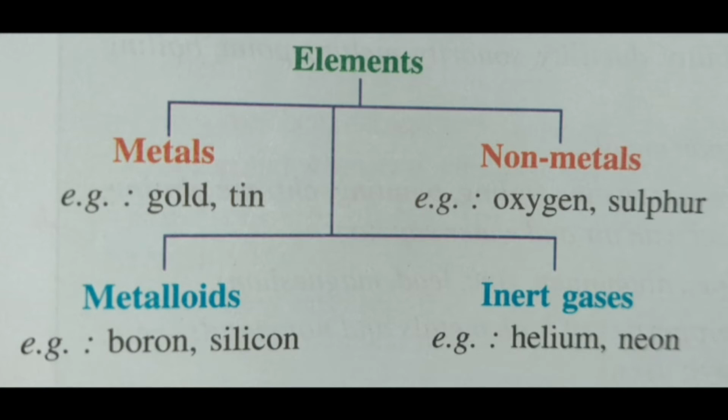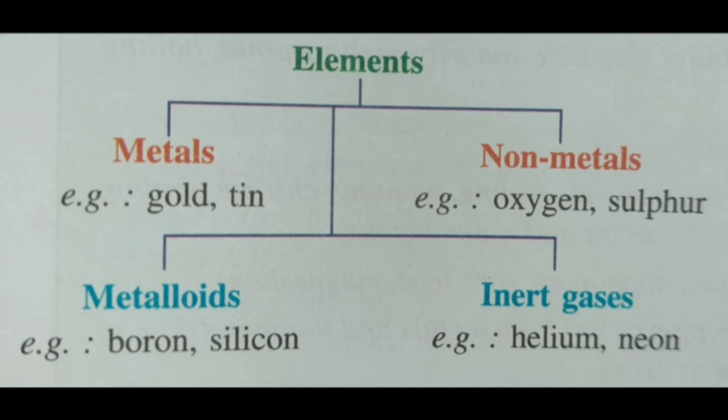Obviously, not all the properties of metals and non-metals can be seen, but some properties of metals and some properties of non-metals can be seen. Some examples are boron, silicon, etc. Arsenic and antimony are also very important metalloids.